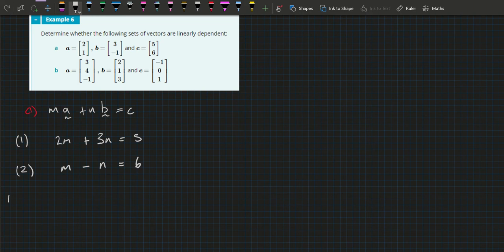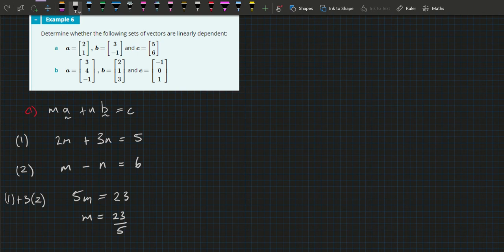We're going to have 1 plus 3 times 2, so it just gets rid of the n's. So 2m plus 3 gives me 5m, which is equal to 5 plus 3 times 6 is 18, so 23. And that makes m equal to 23 divided by 5.